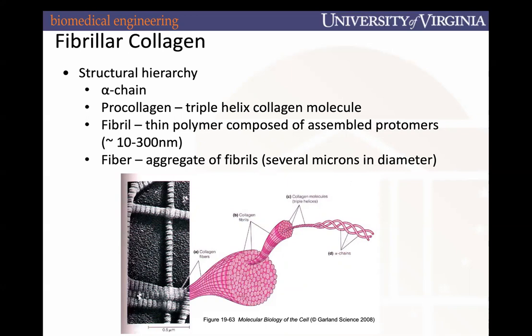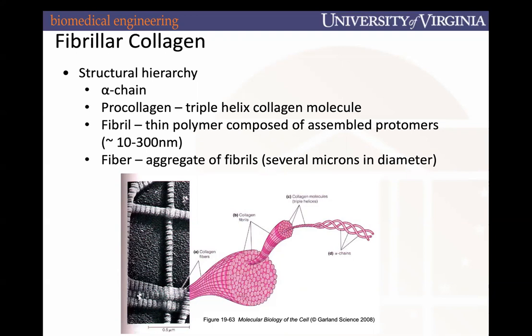It'll be enzymatically cleaved, and so now we have mature collagen that can assemble together. The way they'll assemble, in its fibrous form, is different than collagen type 4 for the basement membrane. If you imagine a little kid's train track where the train cars link together end to end, that's how these collagen molecules will assemble. They go end to end once their pro caps have been cleaved.